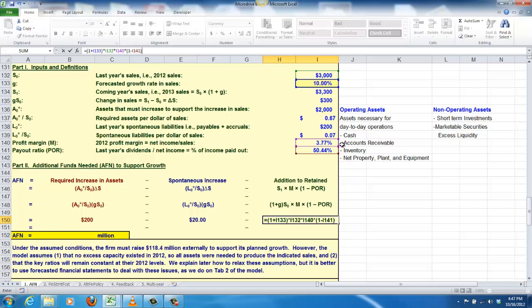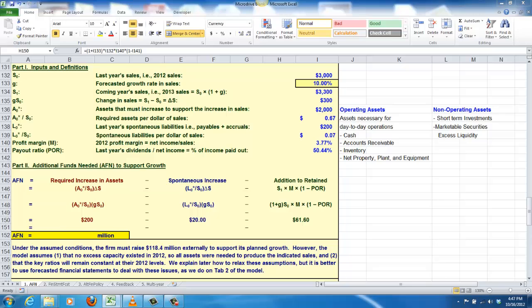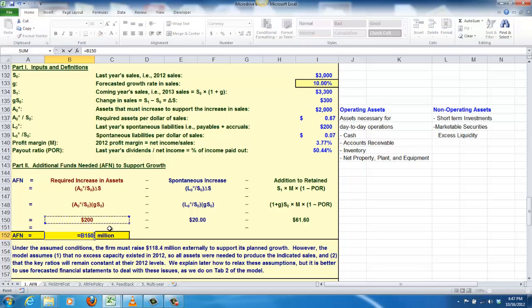Okay, that gives us $61.60 million. So our additional funds needed are equal to $200 million minus 20 minus 61.60, or $118.4 million.